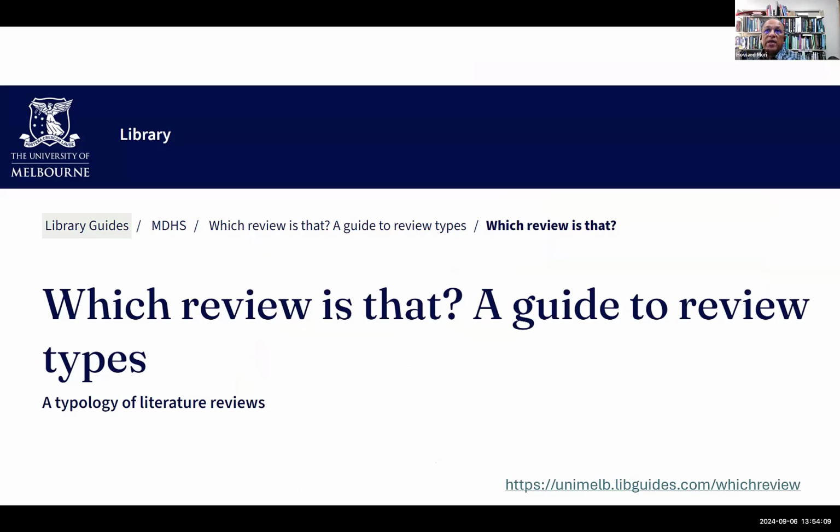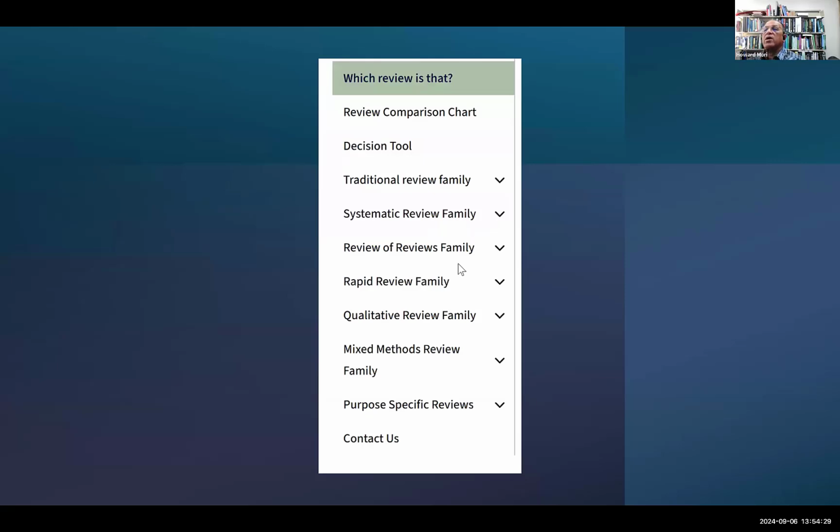But I found this place, University of Melbourne Library, the LibGuide. They actually have a great guide on review types, and they have a typology of literature reviews. I also found a great chapter, very detailed, a very scholarly article on the different types, what to look for, how to put them together, etc. I'll share that with you later.